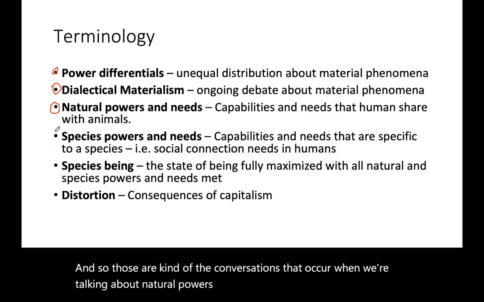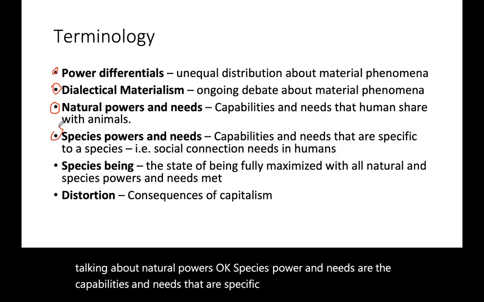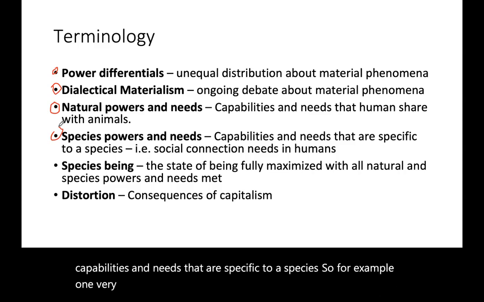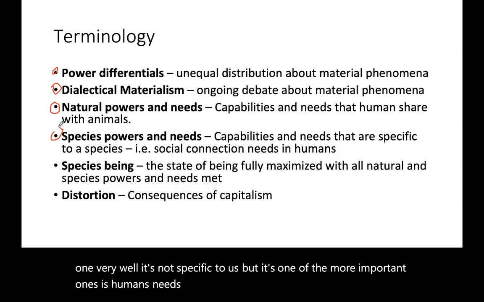Species power and needs are the capabilities and needs that are specific to a species. For example, one of the more important ones, though it's not specific to us, is humans' need for social connection. There are other species that are social together.